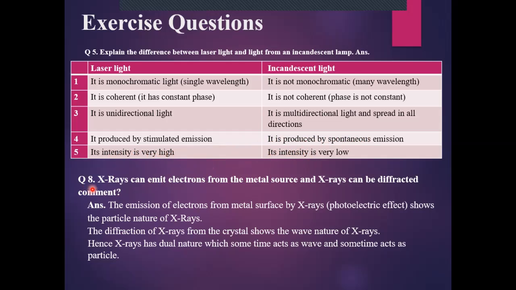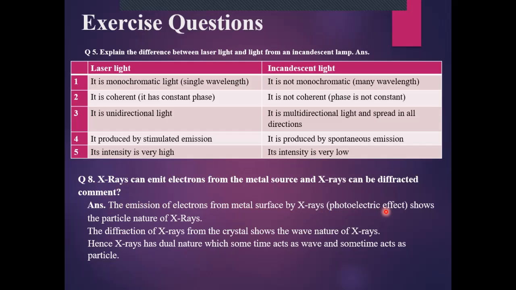Next question is, X-rays can emit electrons from a metal source and X-rays can be diffracted. Comment. So this is related to the previous chapter, that is the dual nature of light. First of all, the emission of electrons from a metal surface by X-rays is named the photoelectric effect.